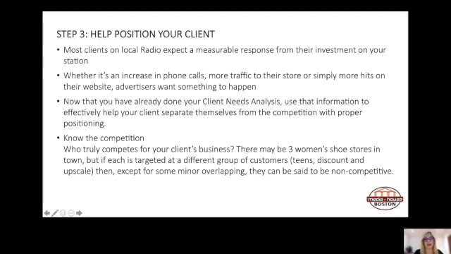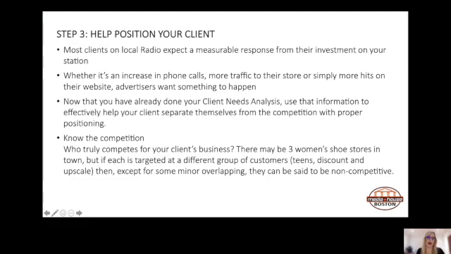Now that you've already done your client needs analysis, use that information to effectively help your clients separate themselves from the competition with proper positioning. Very important. You need to know your competition. So who truly competes for your client's business?